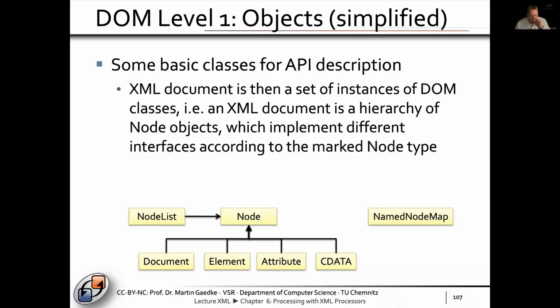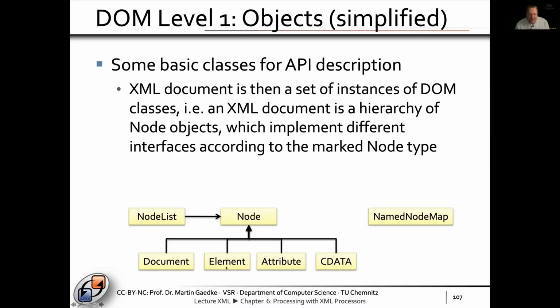So in the context of inheritance, a document, an element, an attribute, a CData subclass are all inheriting from the node class, if you like. So a document is a node representing the overall context of the set of nodes representing the XML document. And this XML document consists of a set of elements in their hierarchy building the XML document.